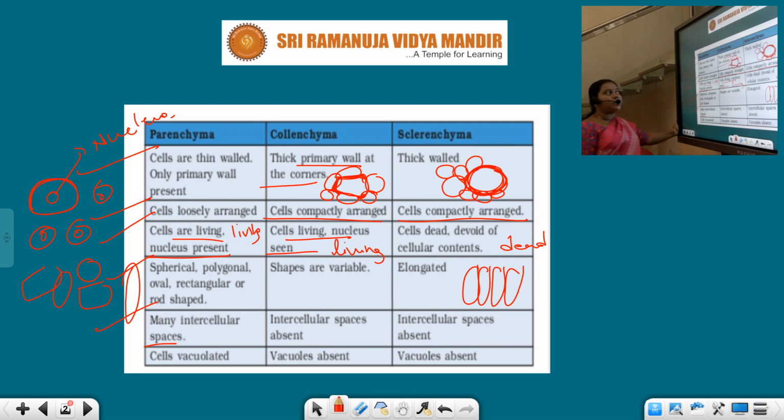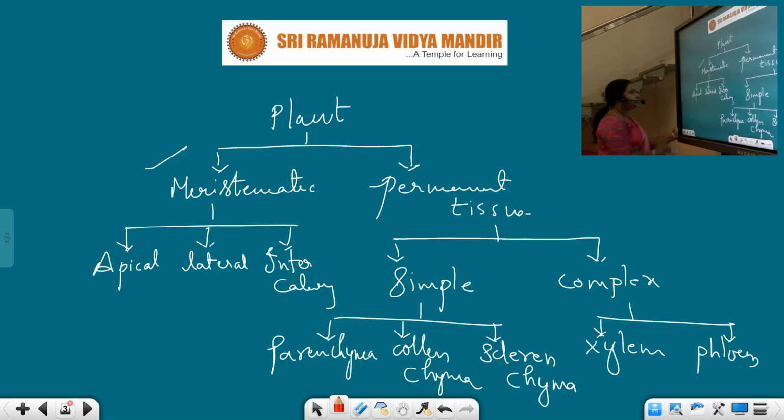Intercellular spaces are absent in the collenchyma as well as in the sclerenchyma. Cells of the parenchyma tissue are vacuolated, whereas vacuoles are absent in the collenchyma as well as sclerenchyma. These are the differences of our simple tissues like parenchyma, collenchyma and sclerenchyma.